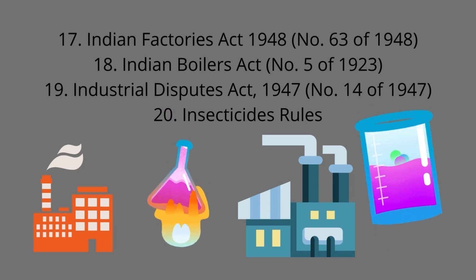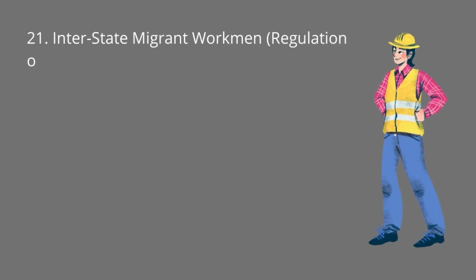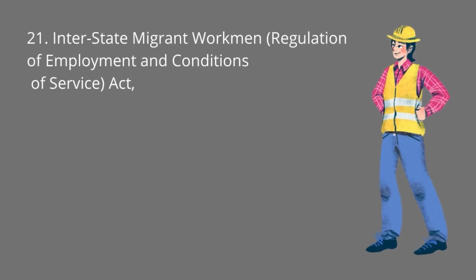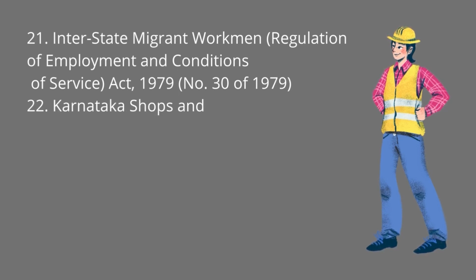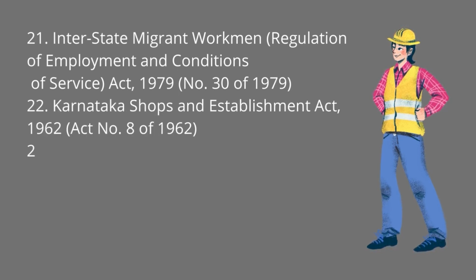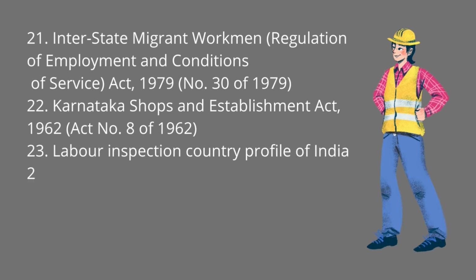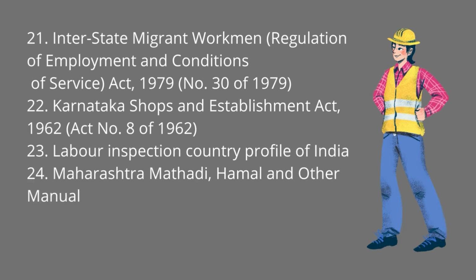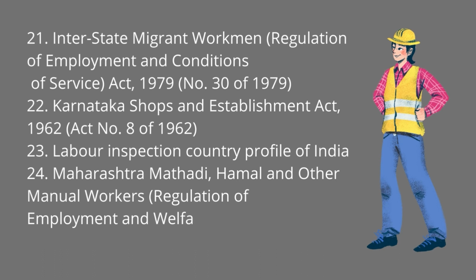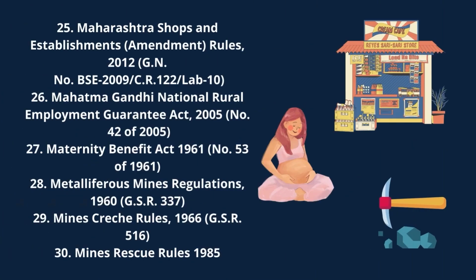Then there are Interstate Migrant Workmen Act 1979 and Shops and Establishment Act specific to Karnataka, Labor Inspection Country Profile of India. Then Maharashtra has two acts, Shops and Establishment Act and Manual Workers Act. Then there is Mahatma Gandhi National Rural Employment Guarantee Act, Maternity Benefit Act 1961, then Mines Regulation 1960, Mines Crèche Rules and Mines Rescue Rules.